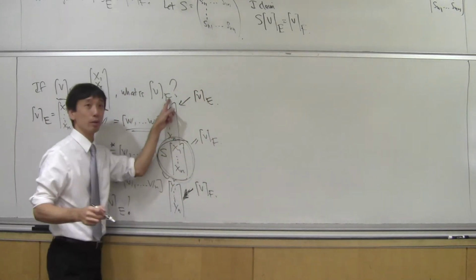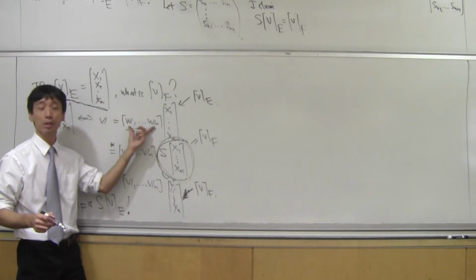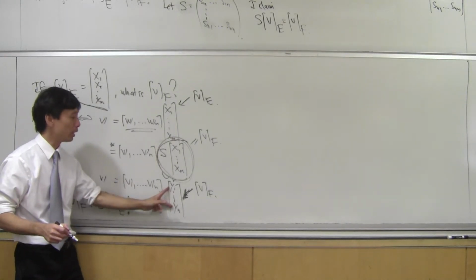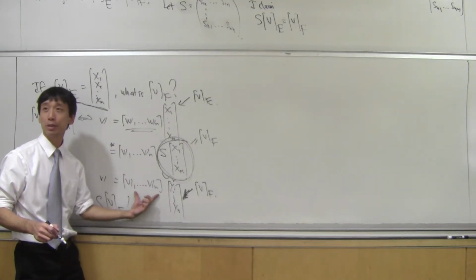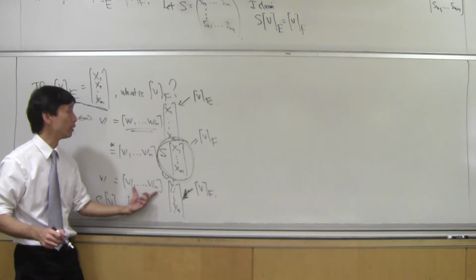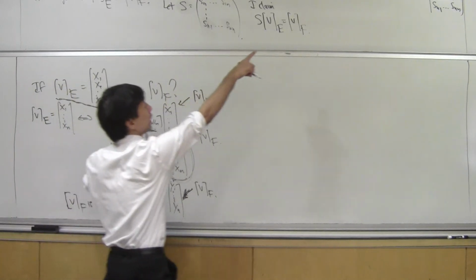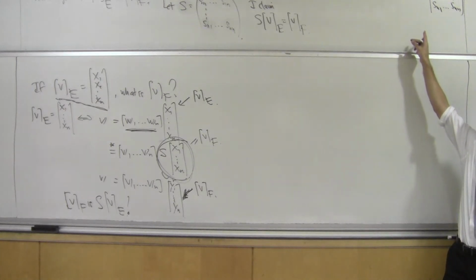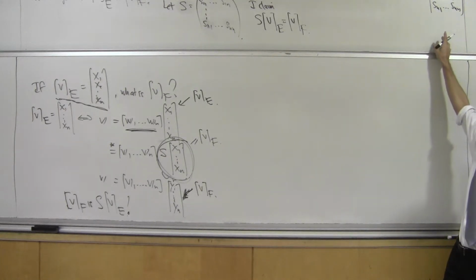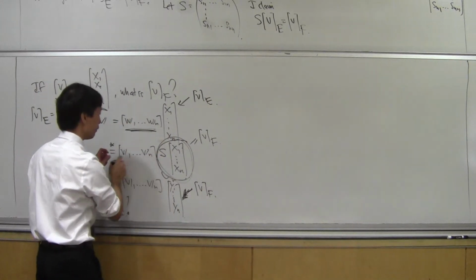It's the coefficients that we use to express V as a linear combination of the W's. We want the coefficients that express V as a linear combination of the V's. So we take the W's and use this relation. The W's can be expressed in terms of the V's, and so we switch these guys out for this.